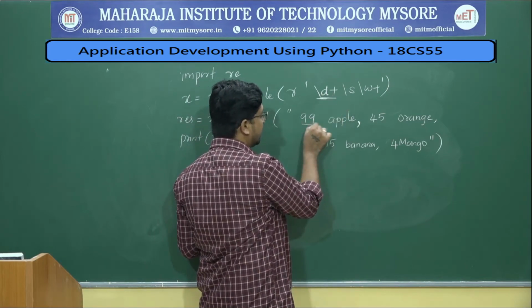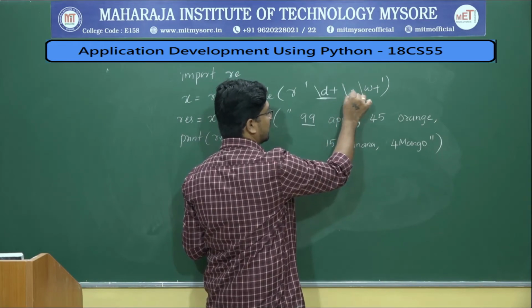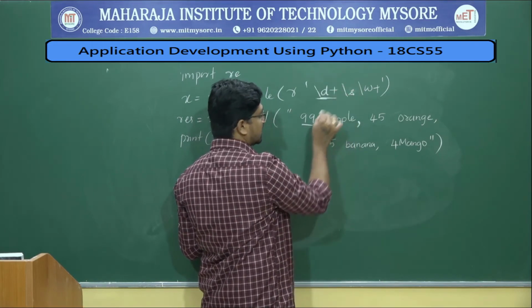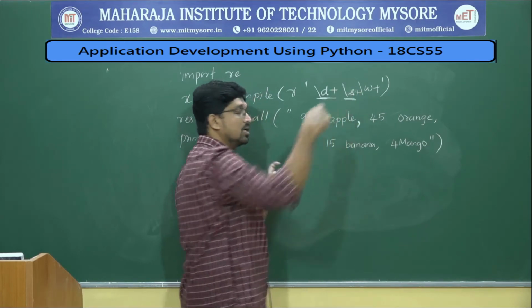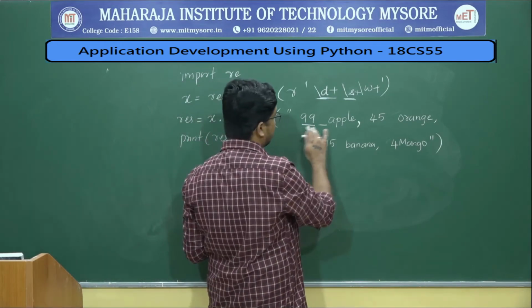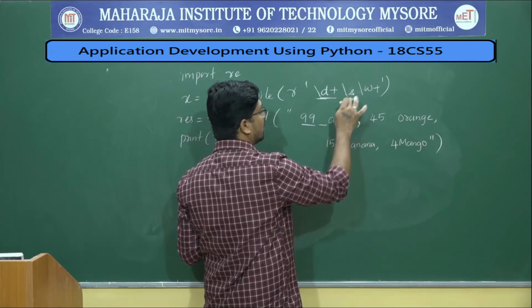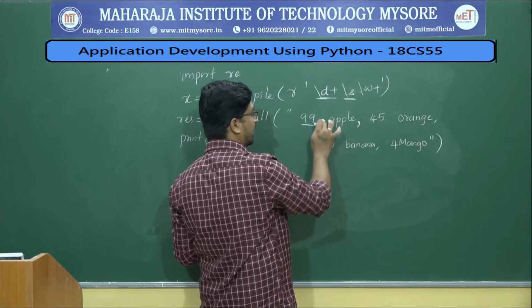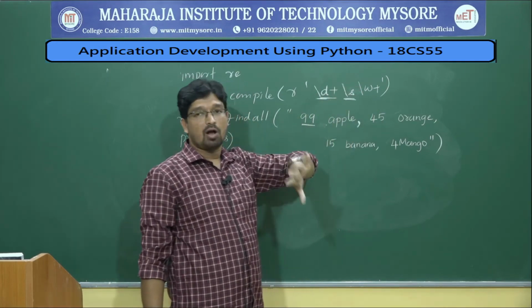This will match digits initially, followed by a small s. Small s means it will match only a single space. If you write the plus symbol, it will match more spaces. Let us say 99, 4 spaces, apple, still it will be matched, but I want only one space to be matched. For that I am writing a single s, followed by small w.